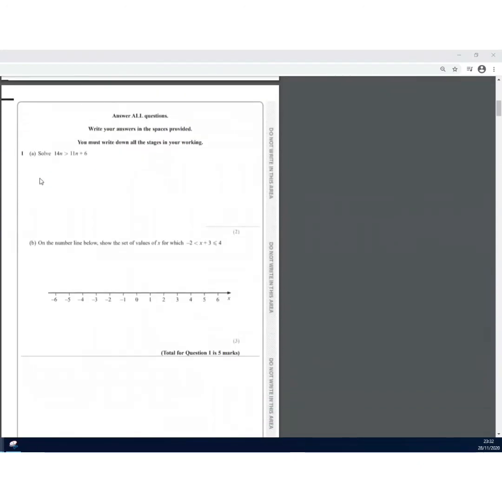Question number 1a says solve this inequality, which means we're trying to find the possible values of n. First, I can simply take away 11n on both sides, which will give me 3n is more than 6, because 14n take away 11n is 3n, and we have now got rid of 11n from the other side.